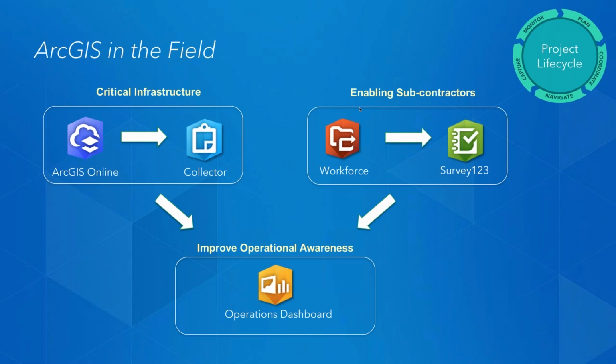And so in this overall life cycle, you can take advantage of pairing apps together based upon the workflows that are required. Our first workflow we started with was really just a pairing of ArcGIS Online and Collector to capture critical infrastructure.